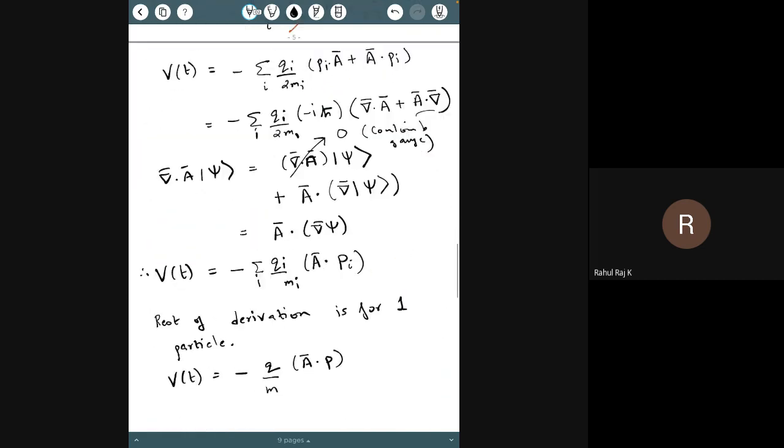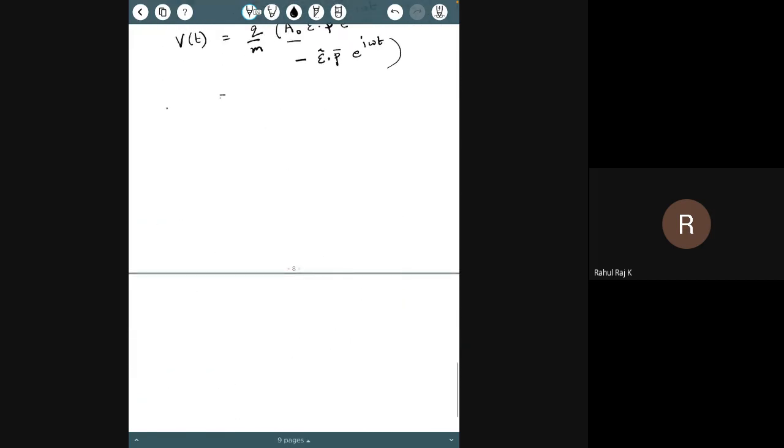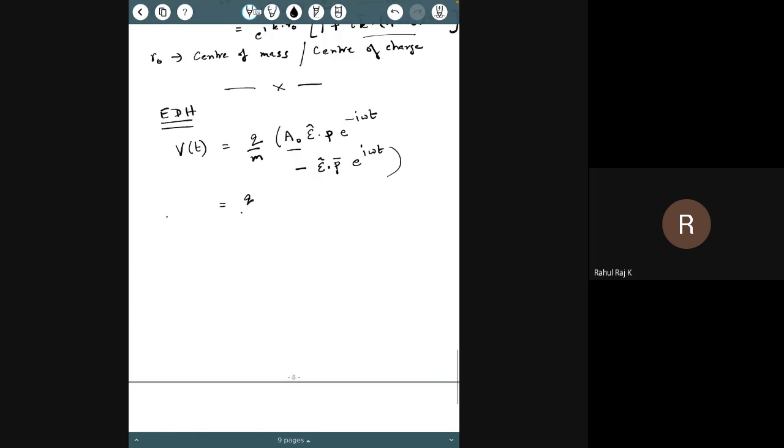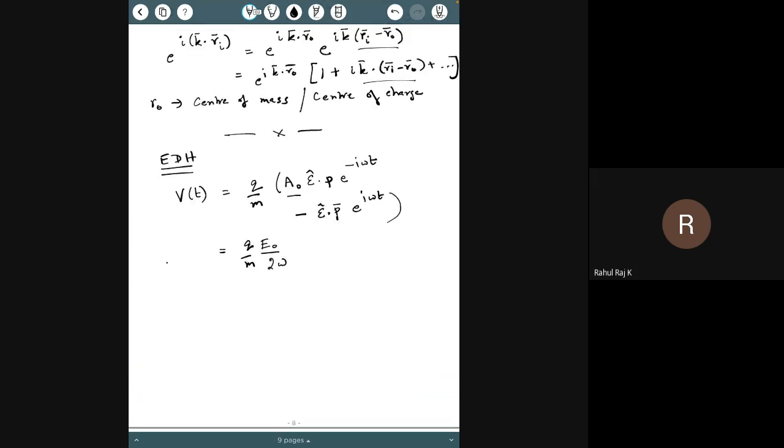So we can use that. By 2 omega. Oh, so I forgot the A0 over here. Dot P minus epsilon dot P to the power i omega t.